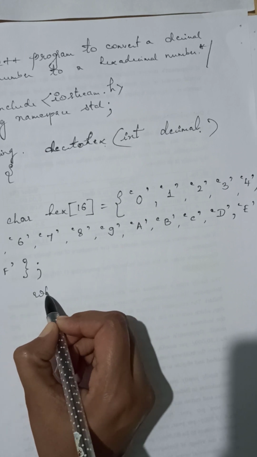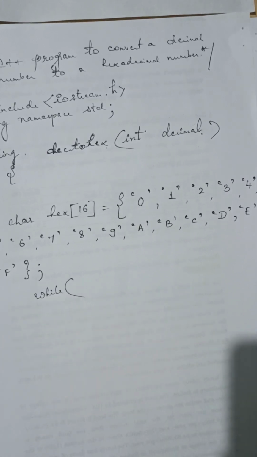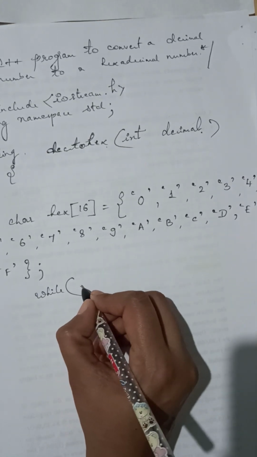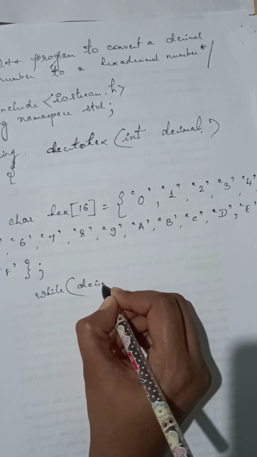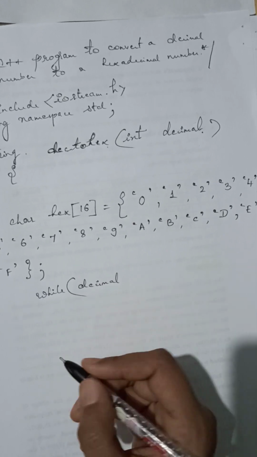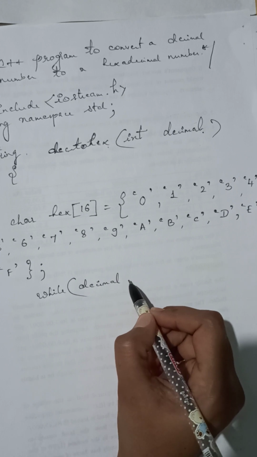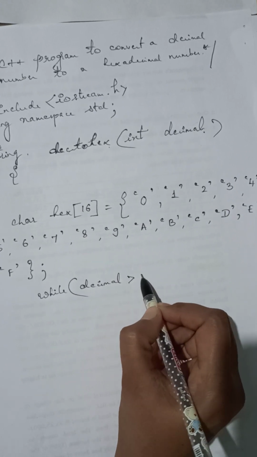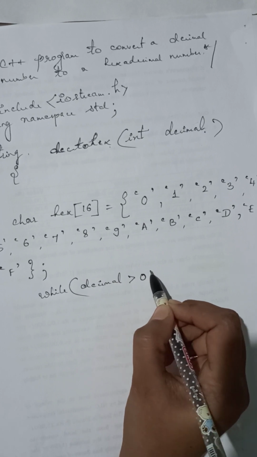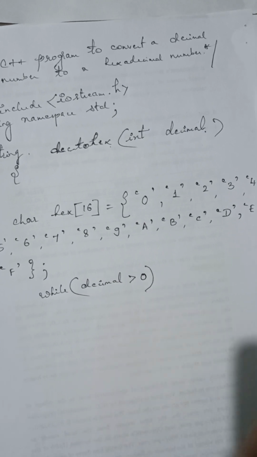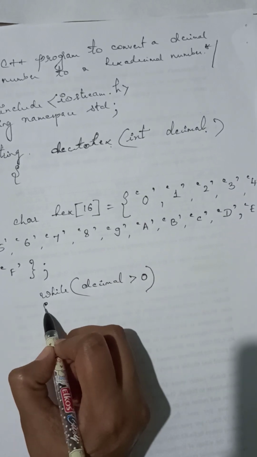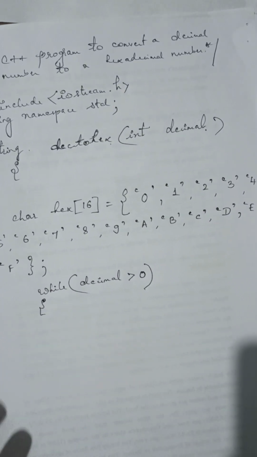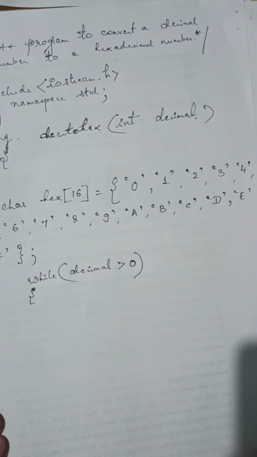Once the quotient becomes 0, the loop should stop. So we will keep this condition, decimal greater than 0. Next line, open the curly brace.